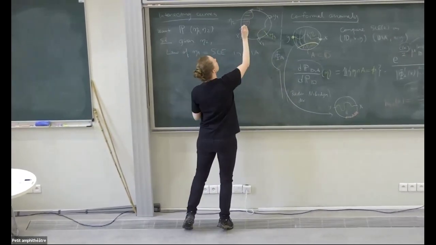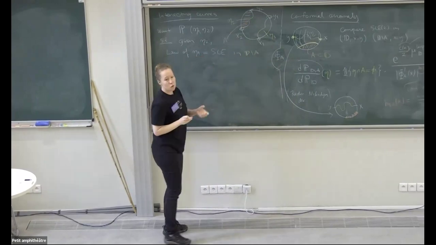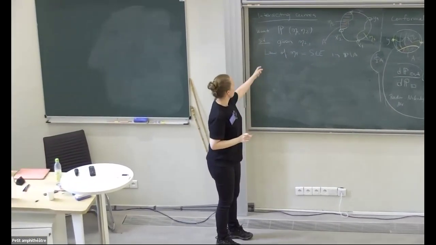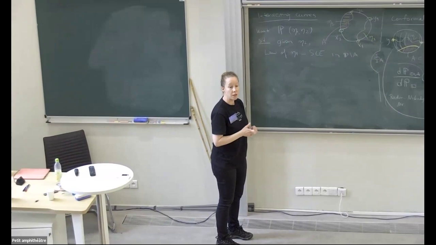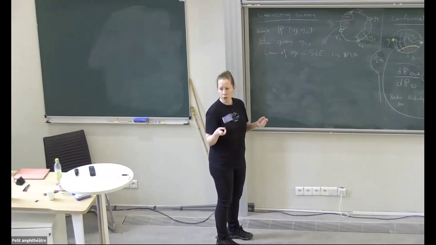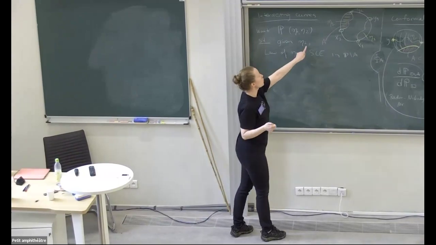So now this is A. I hope you see what I mean. I want this property because it's a consistency property that comes from these discrete ideas. So I hope you think it's reasonable to require. And the same if I switch 1 and 2.